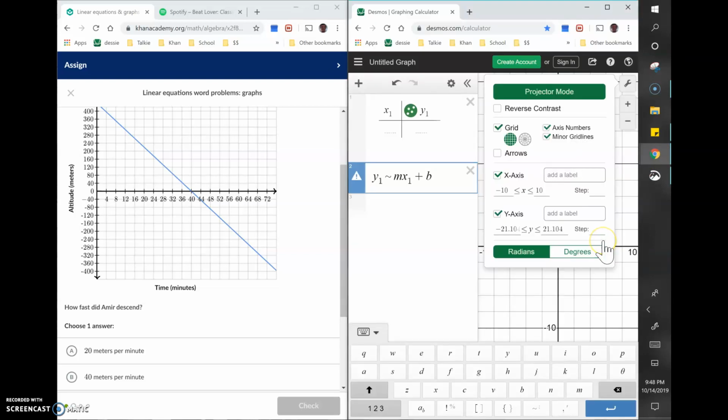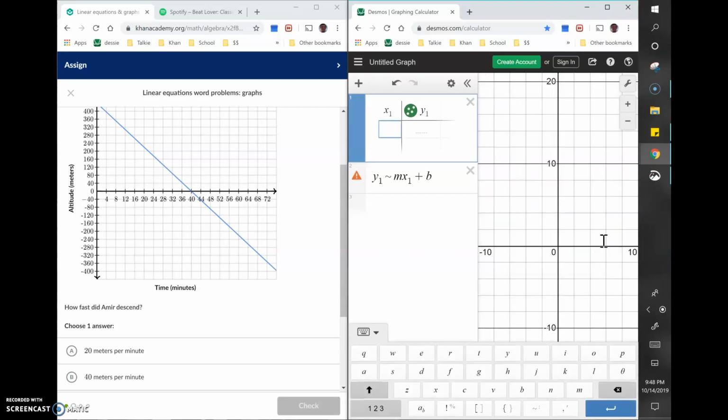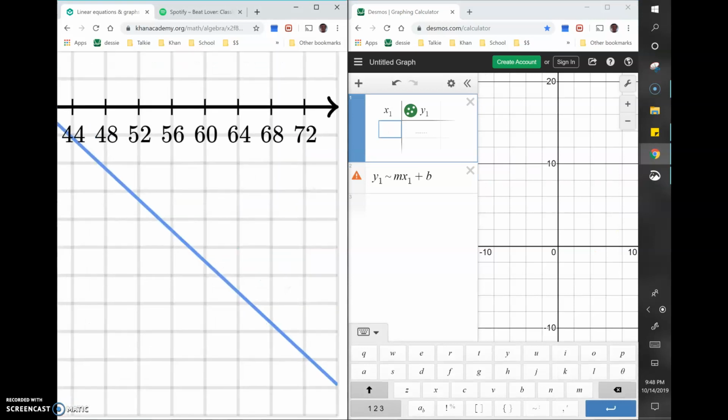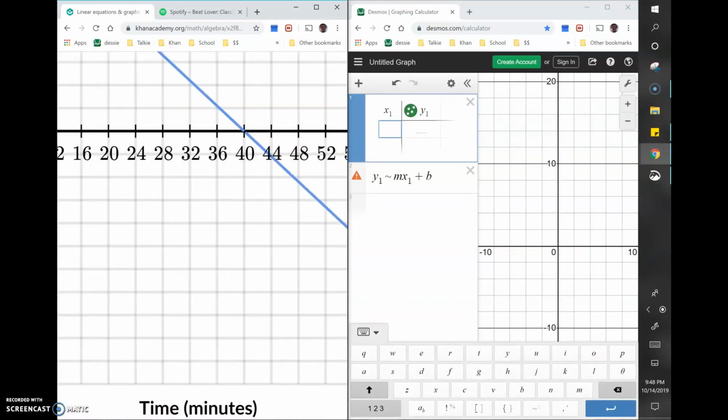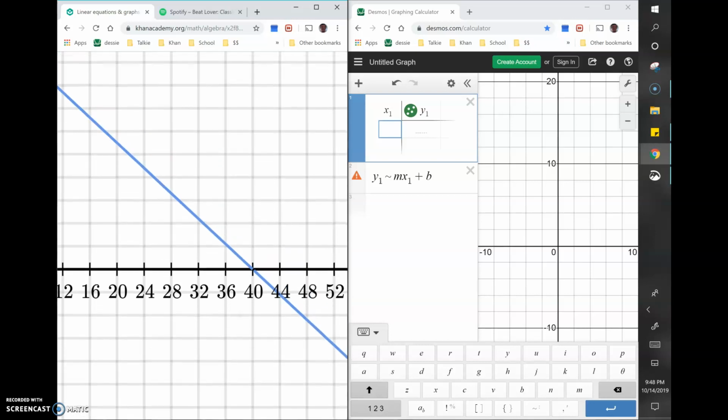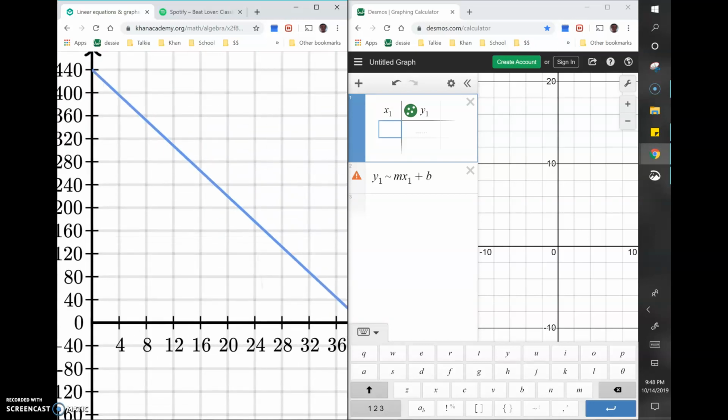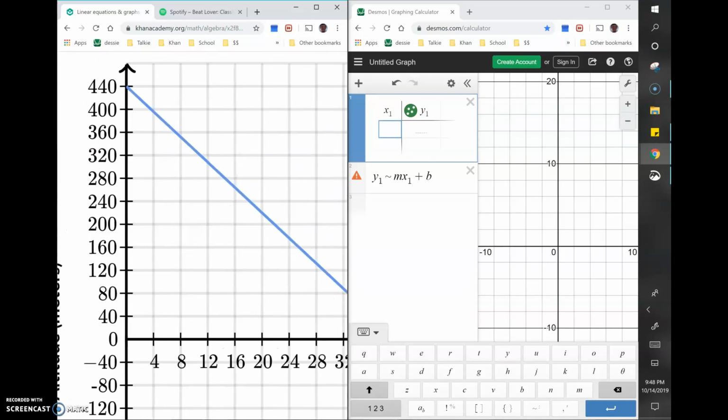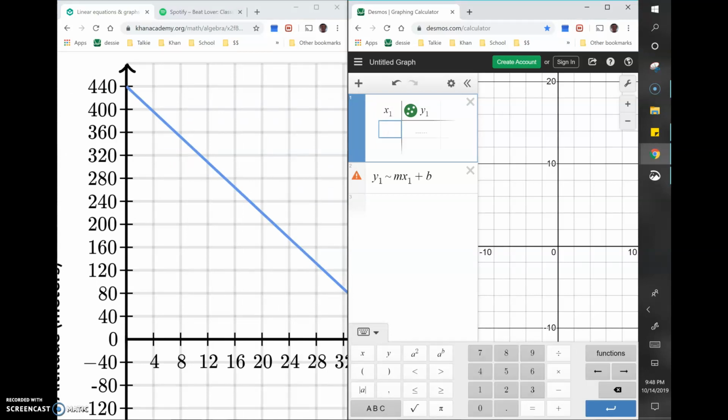Easiest way for me to find slope is to use this table. So all I need is just 2 coordinate points from this table. So I'm looking for where it hits a corner of a square. Let's go ahead and use the y-intercept. So we know the y-intercept has an x value of 0. And the y value there is 440. And let's go ahead and use the x-intercept.